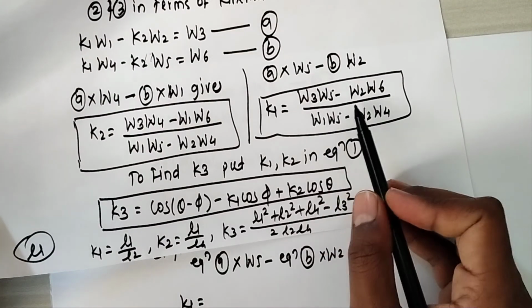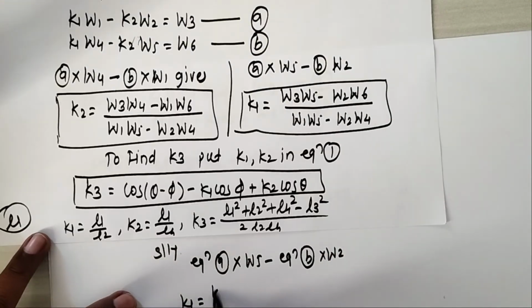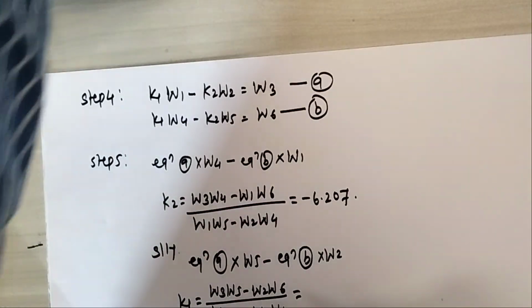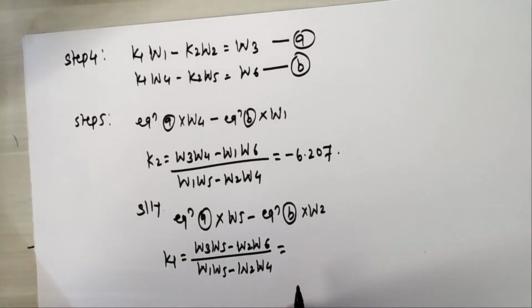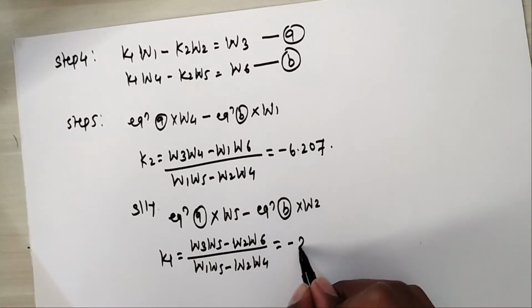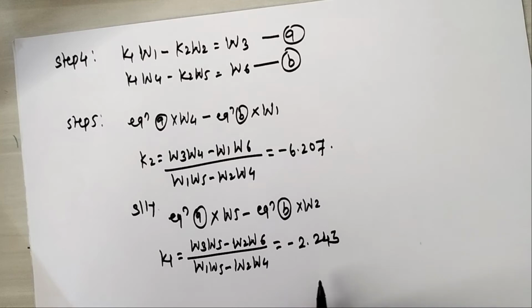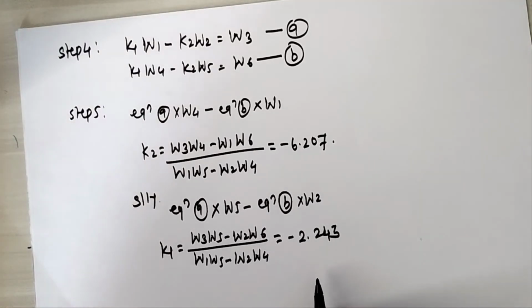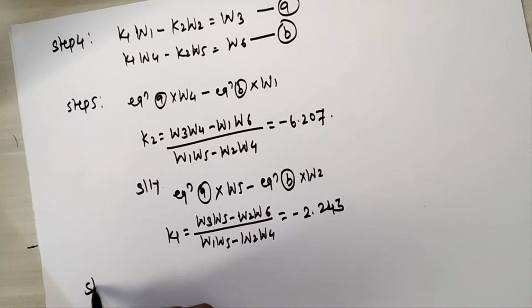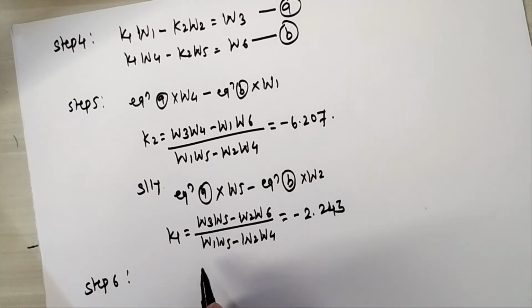You see here it is W3 W5 minus W2 W6 upon W1 W5 minus W2 W4. Okay, let's find this value as a part of the numerical. So K1 is minus 2.243. Now once you know K1 and K2, in step 6, once K1 and K2 are known, find K3.